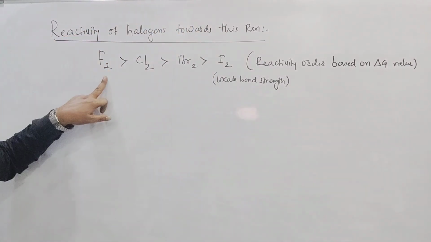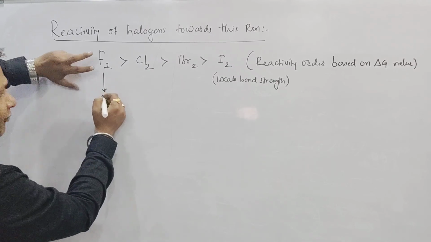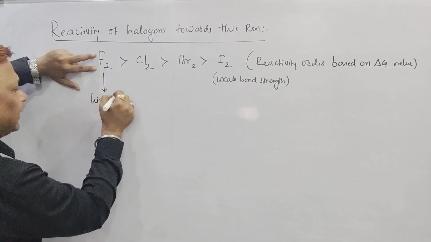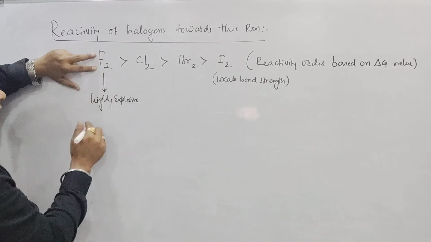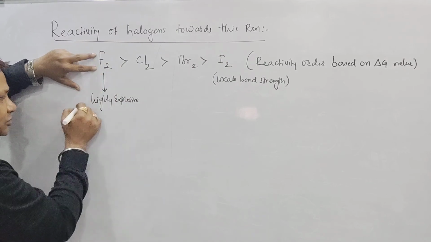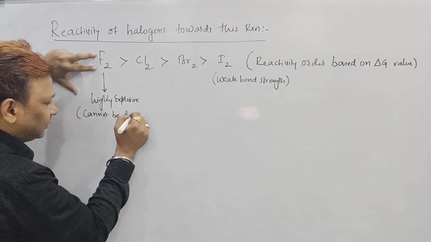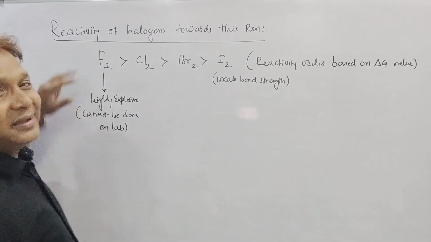So here, F2, beta, is a highly explosive reaction. Reaction of fluorine with the alkane is highly explosive. That means addition of fluorine on the alkane cannot be done in the lab, because if we perform this reaction in the lab, what will happen?